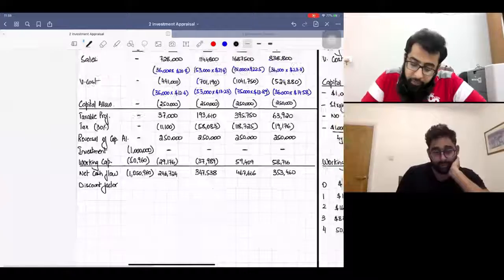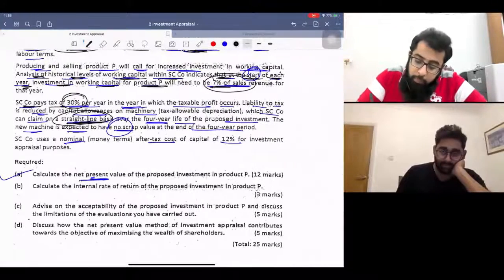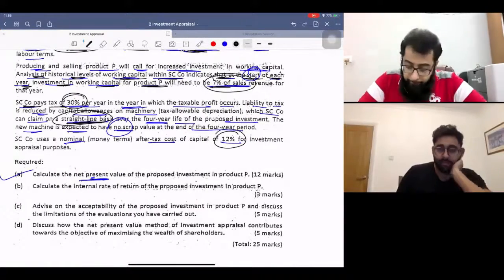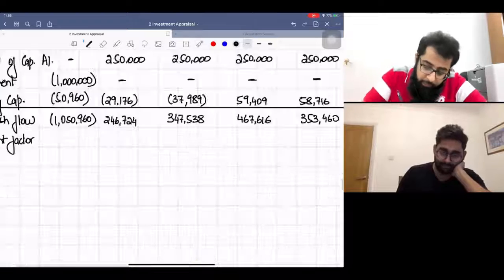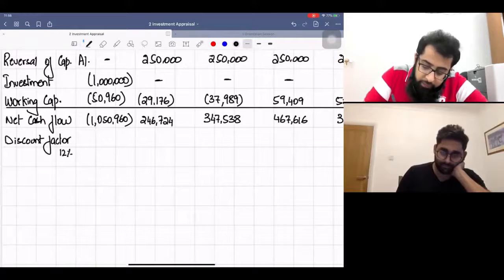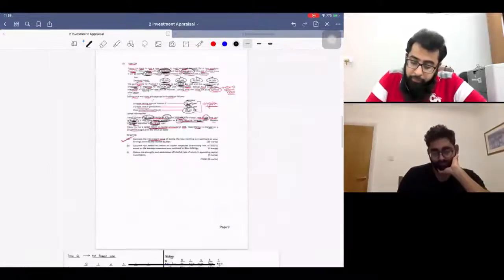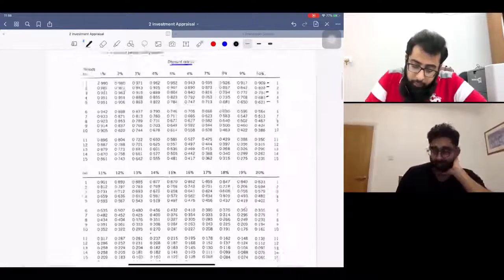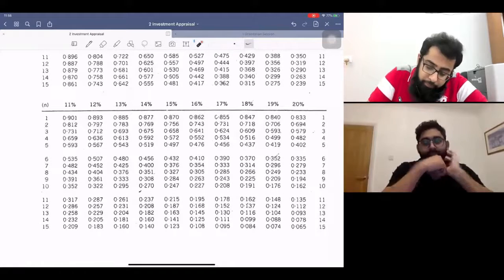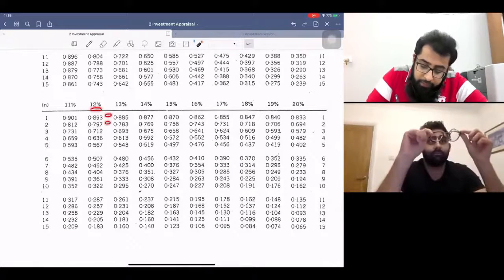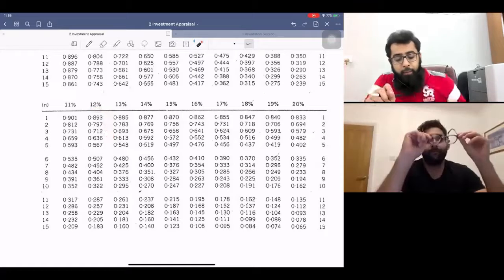The discount factor given was 12%. So we'll simply go and look at the discount factors of 12% in the discount factor sheet. So 12% discount factor: 0.893, 797, 712, 636.